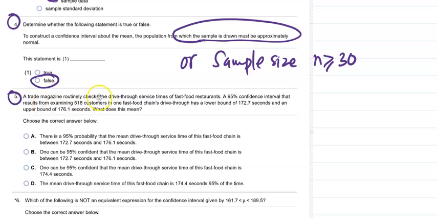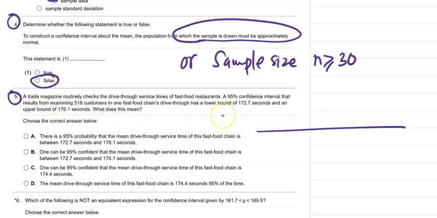Question number 5. A trade magazine routinely checked drive-through service time for fast food restaurants. A 95% confidence interval that results from examining 518 customers in one fast food chain's drive-through has a lower bound of 172.7 seconds and an upper bound of 176.1 seconds.